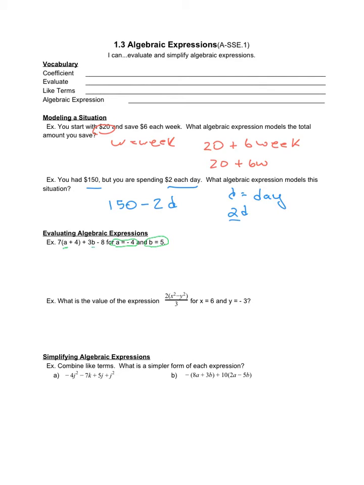So wherever I see an A or a B, I'm going to substitute in those appropriate values. So I have 7 times negative 4 plus 4 plus 3 times 5 minus 8. As we simplify this, we end up with 7 times 0, which is 0, plus 15 minus 8, which is 7. And therefore that expression is equivalent to 7.